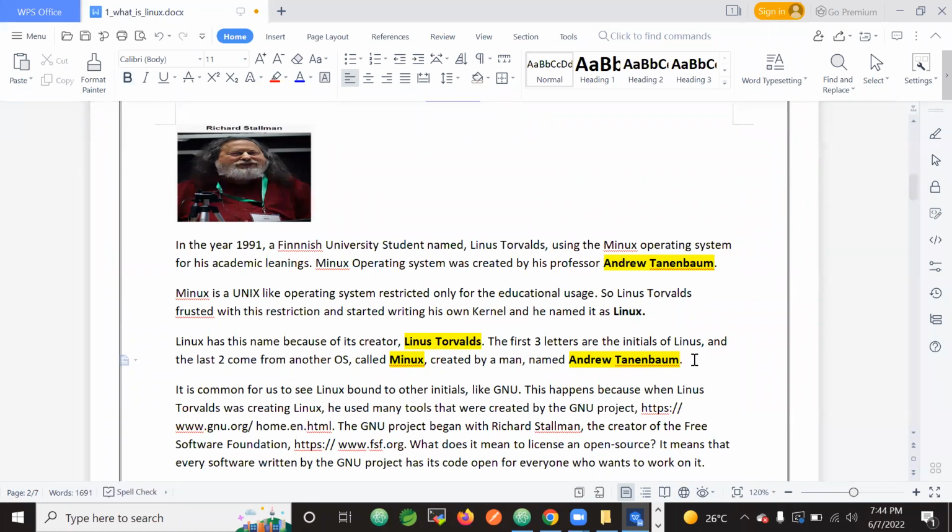So this is the history of how Linux was created by Linus Torvalds.